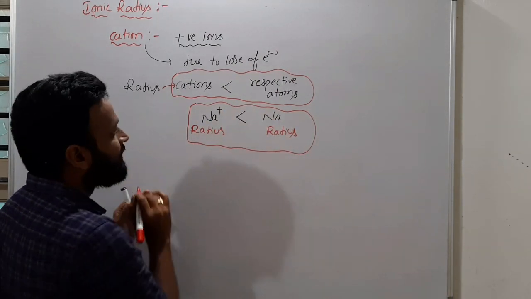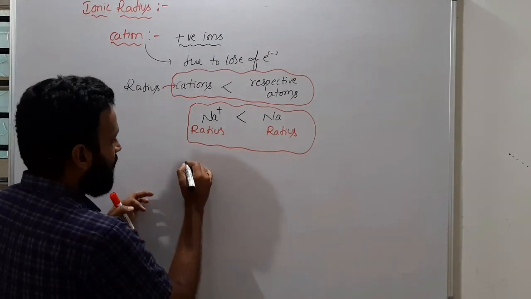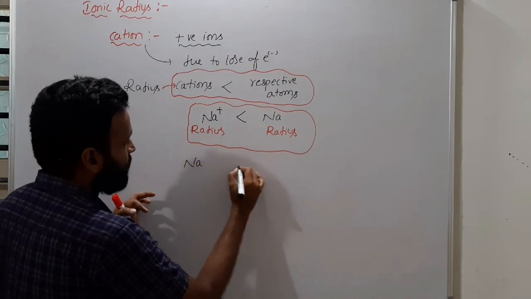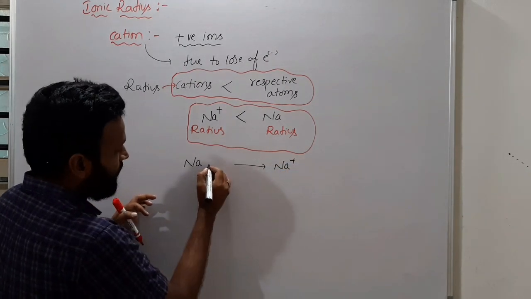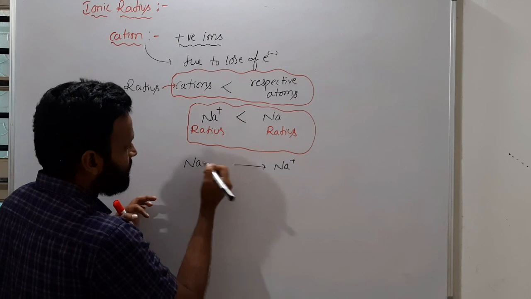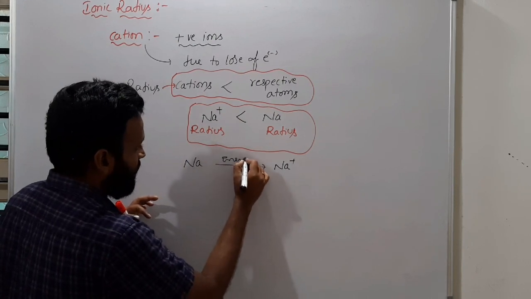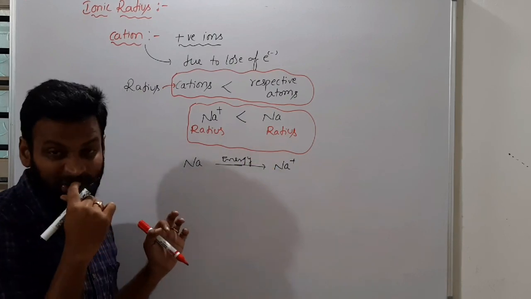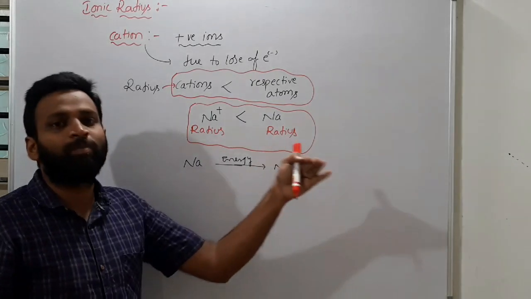What is the reason behind it? Very simple. How do sodium and sodium plus exist? Sodium takes some energy, which is called ionization potential. We will discuss that in the next periodic property.